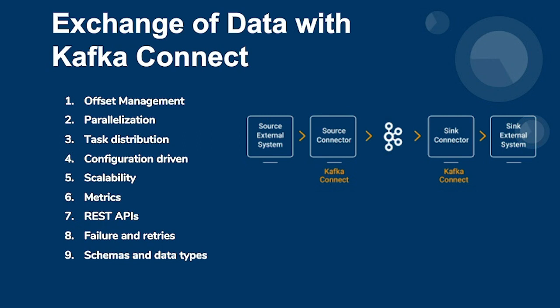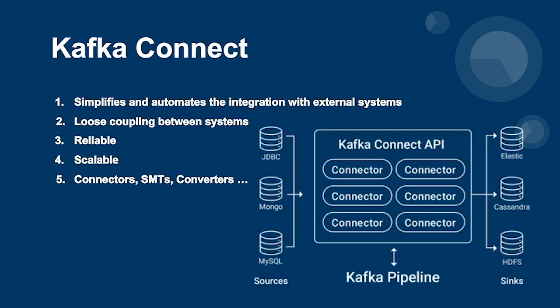We can either deploy Connect as a standalone process that runs jobs on a single machine for use cases like collecting logs and metrics, or as a distributed, scalable, fault-tolerant service supporting the entire organization's data pipeline. When we talk about Connect, it essentially comprises three major components: the connectors, SMTs, and converters. Connectors are supposed to pull and push data from the external system.